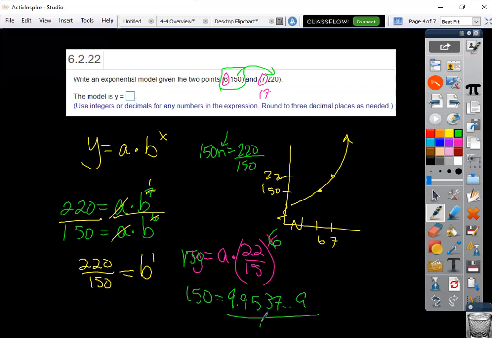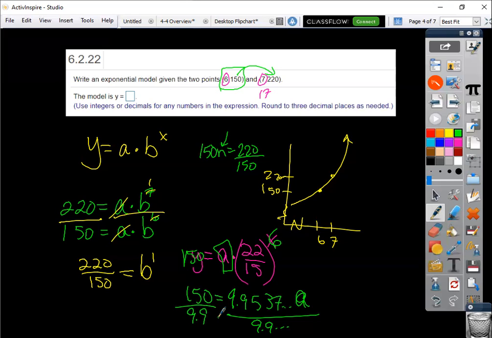So when we divide both sides by that, then we will have the value of my a. This is the starting value to be able to write this equation. So again, I had the 150 right here, and then I'm going to divide by this 9.9 number.